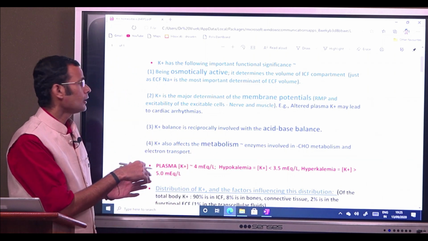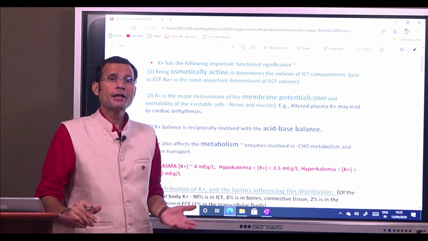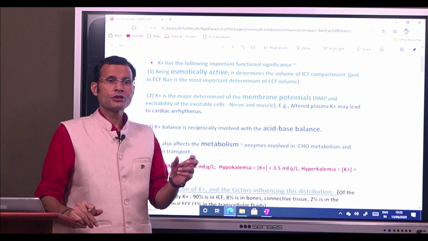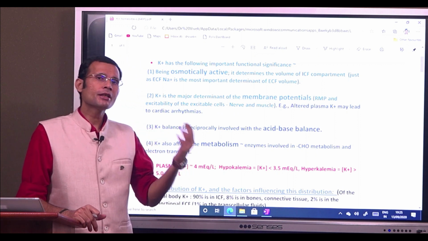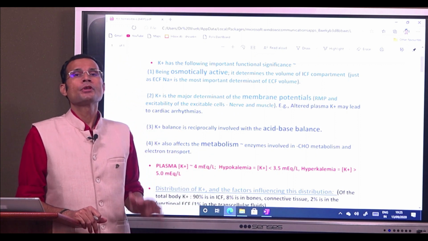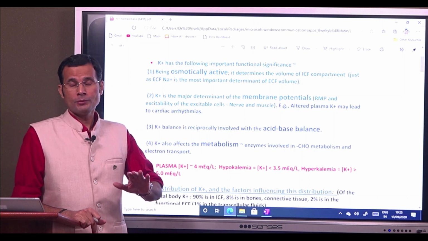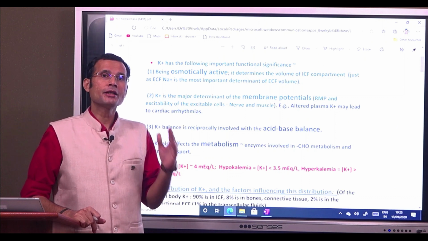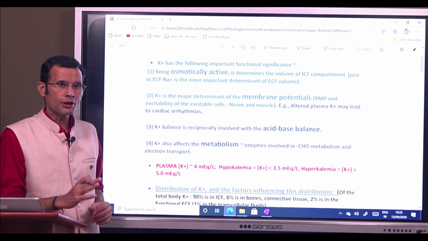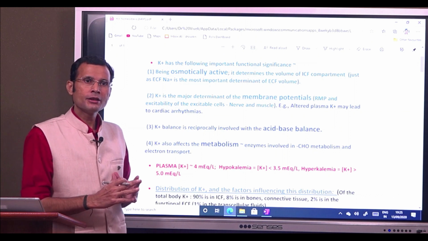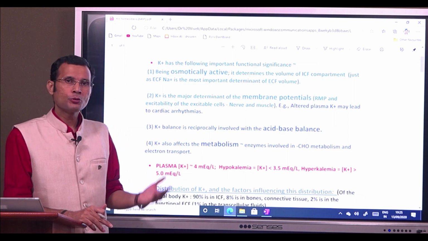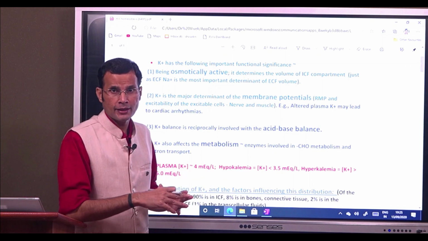In fact, cardiac muscle cells, if the potassium gets either increased or decreased, either way it is going to possibly lead to cardiac arrhythmias. So potassium disturbance in the plasma may lead to cardiac arrhythmias, the excitable cell that the cardiac cell is.